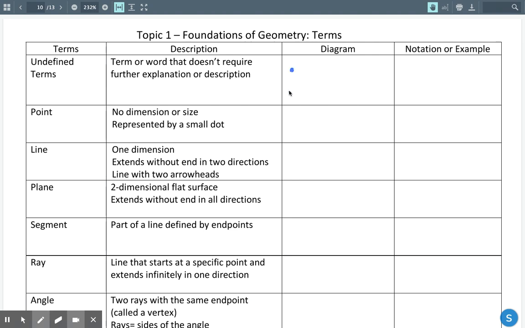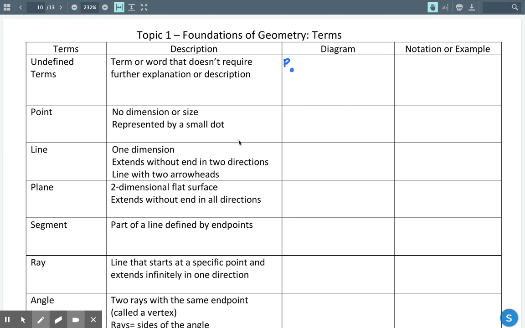I'm just going to draw a point, and I'm going to label it point P. A point is considered an undefined term. The definition of a point is that it doesn't have any dimension, so it's not 3D, it's not 2D, it's just a point.